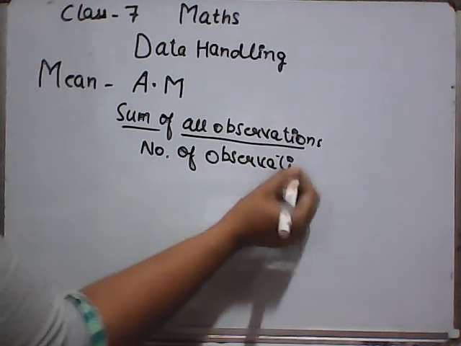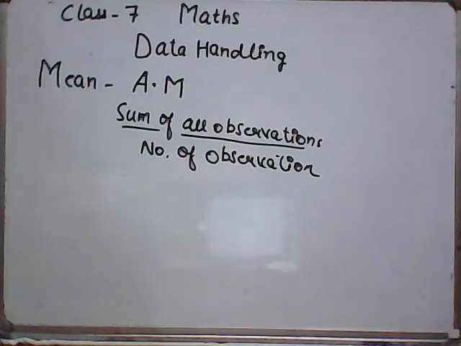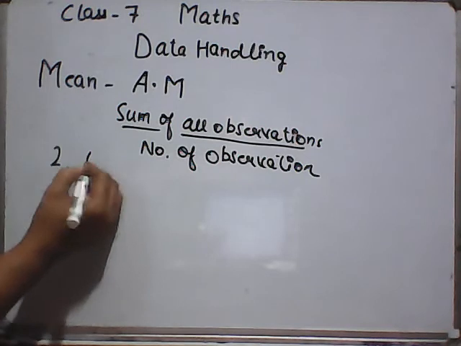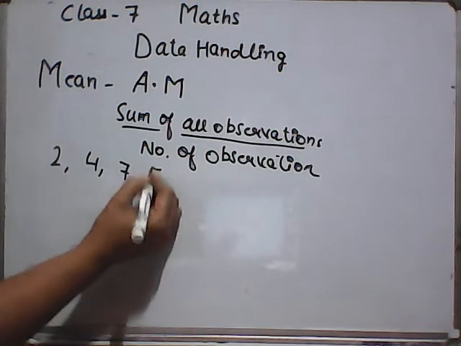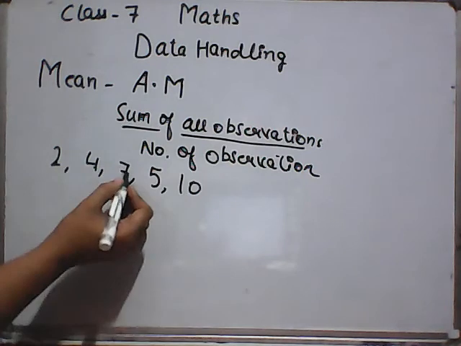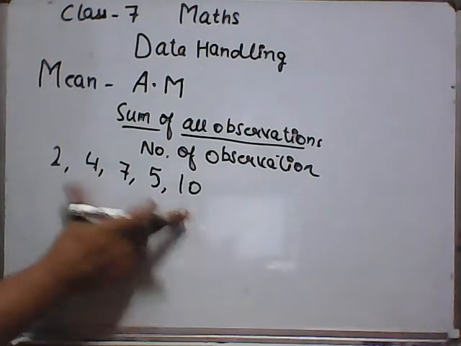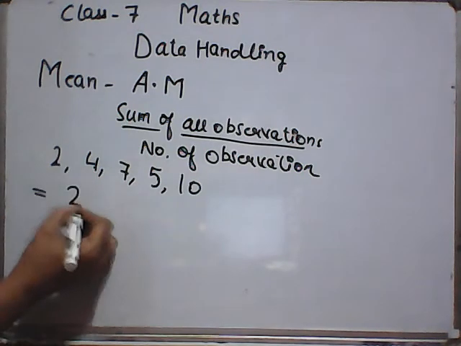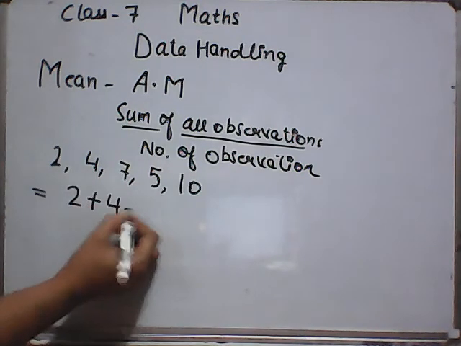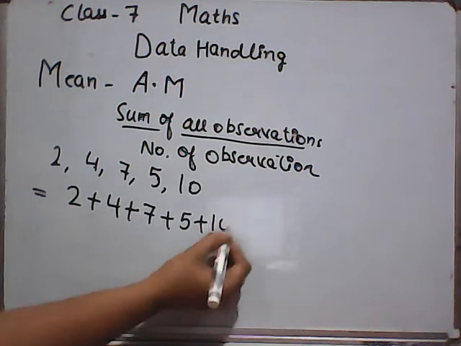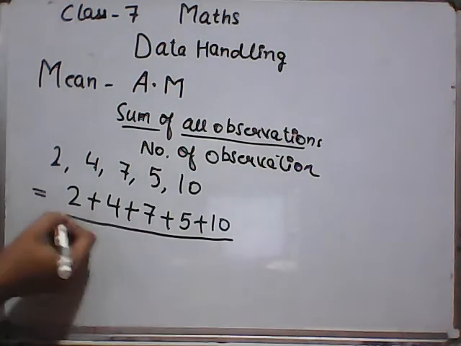For example, suppose data is given to you: 2, 4, 7, 5, 10. These are observations. Now you have to find out the sum of all observations, 2 plus 4 plus 7 plus 5 plus 10, divided by number of observations.